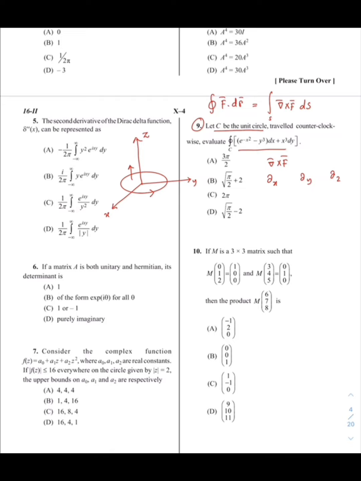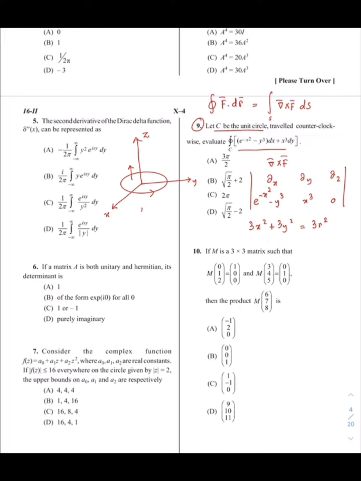We write del x, del y, del z, and we write the components of this vector just underneath these del operators and find the z component of curl of f. We find that it is equal to 3x squared plus 3y squared. In polar coordinates, this is 3r squared.